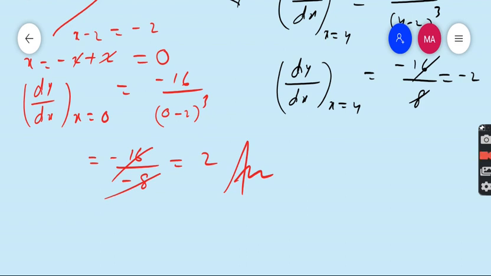At x equals 0, the value of y is 2. Therefore, the only answer which is acceptable is 2. I hope you understand. Move to the next question.